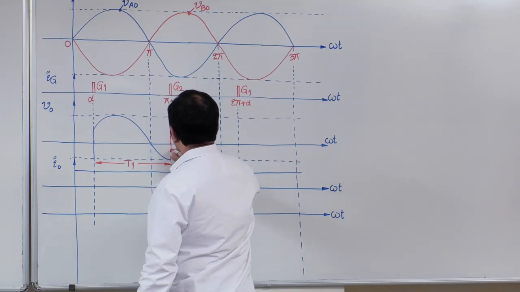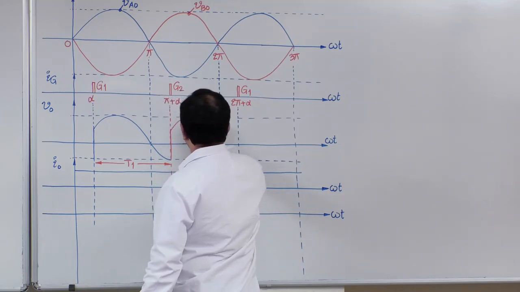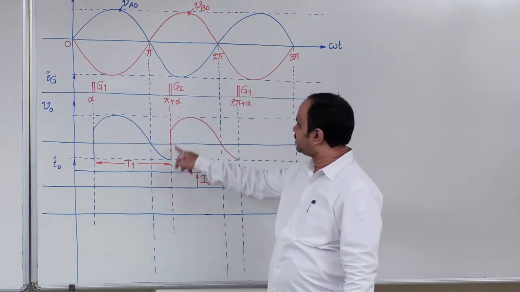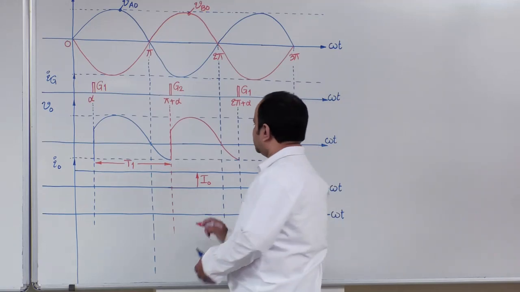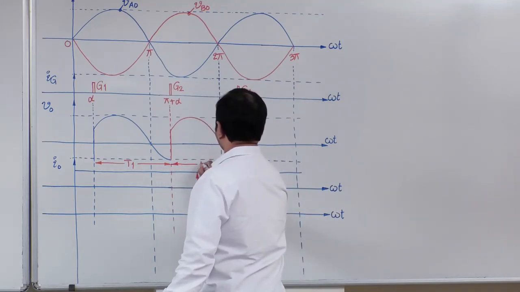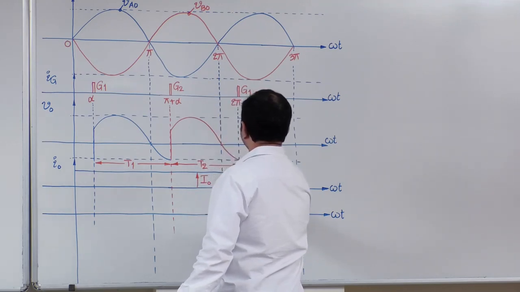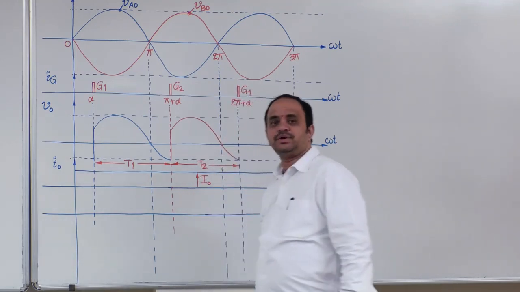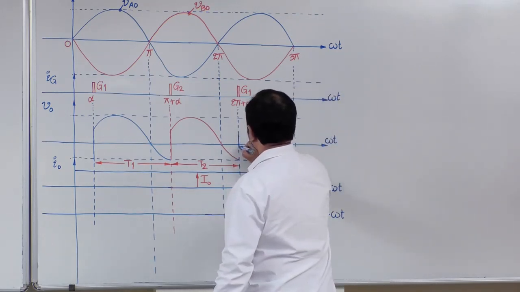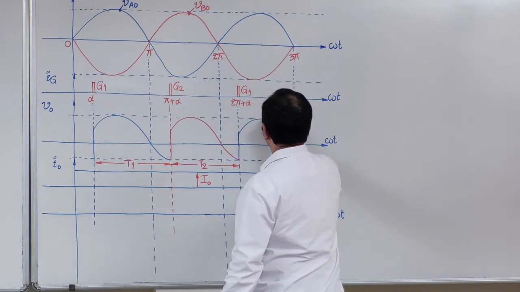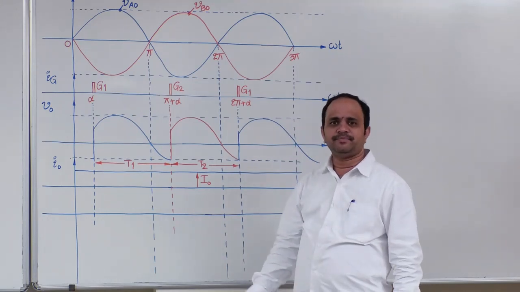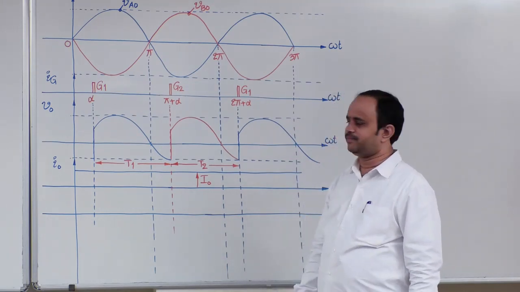Therefore, pi plus alpha to 2 pi plus alpha, V naught is the same as VBO. Here, T2 device is in conduction. In similar lines, the next cycle again T1 will be in forward bias, and hence output voltage will follow this blue color sinusoidal waveform.